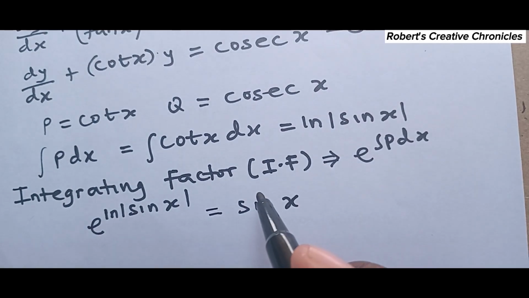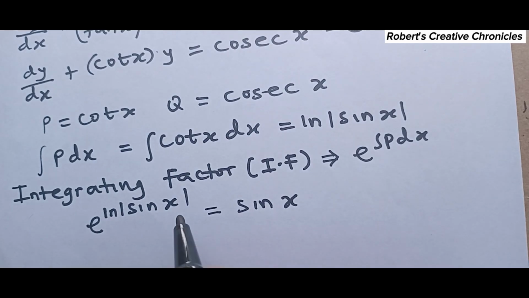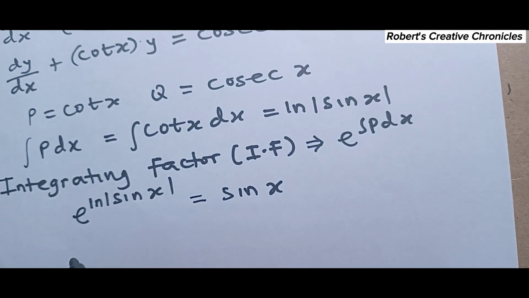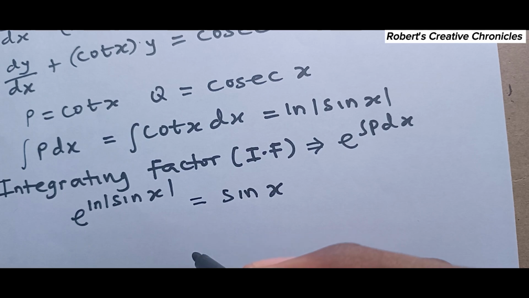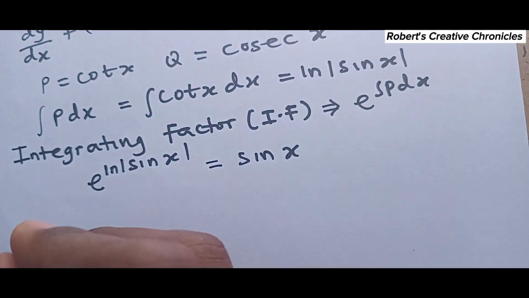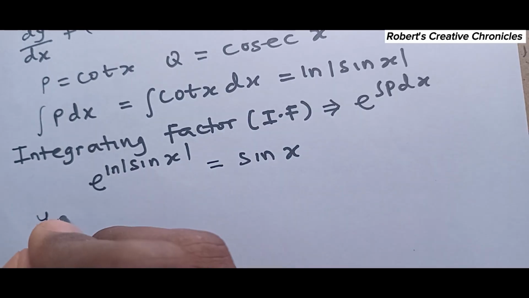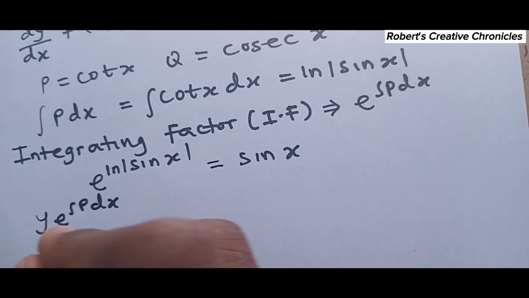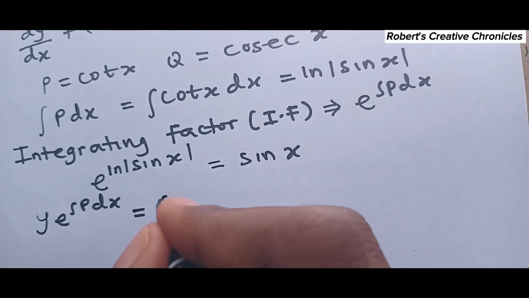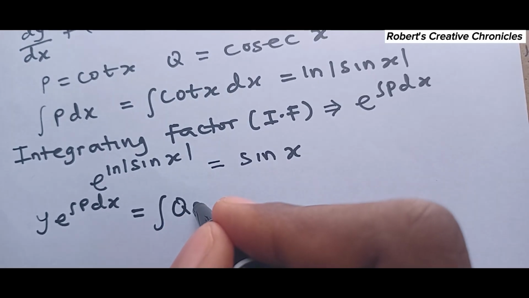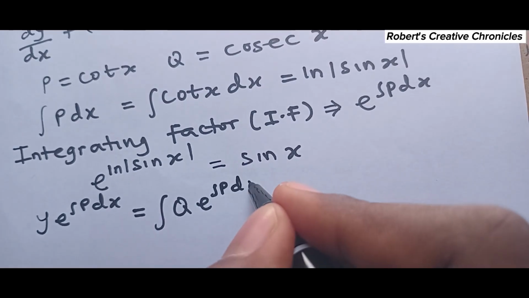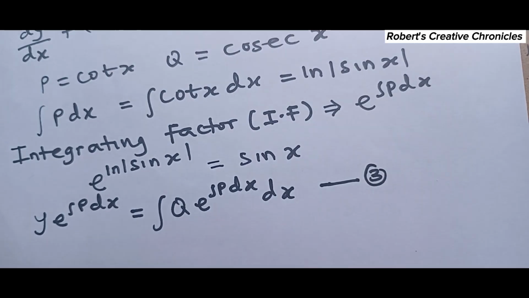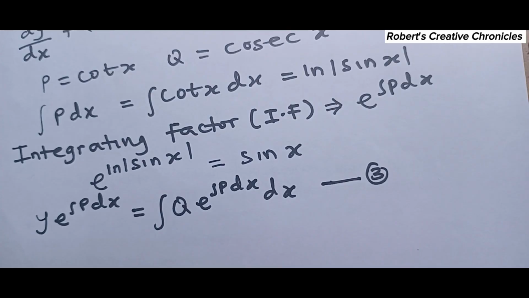So now we're going to substitute this integrating factor and this q into an equation to solve this differential equation. The equation is this: y times the integrating factor, e to the integral of p dx, equals the integral of q times e to the integral of p dx, dx.